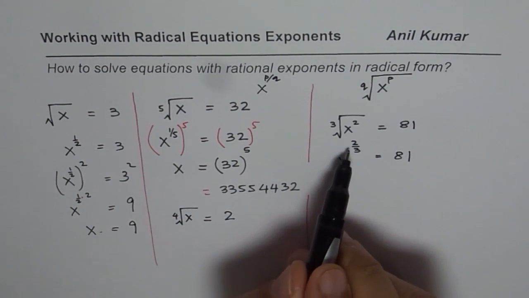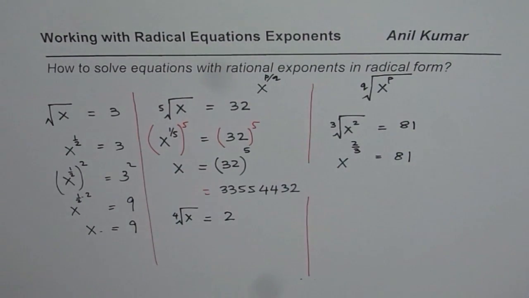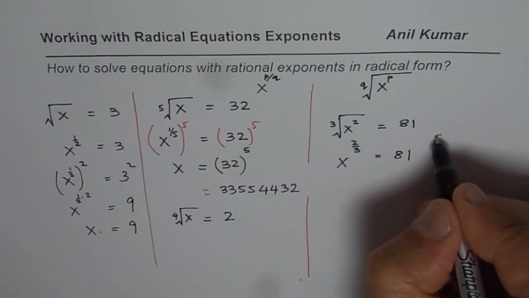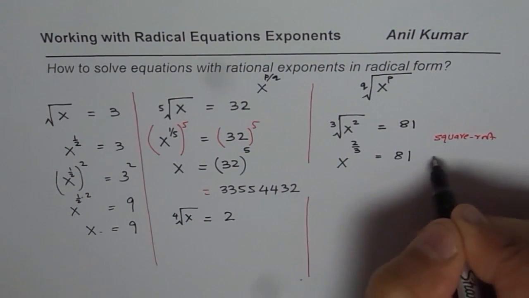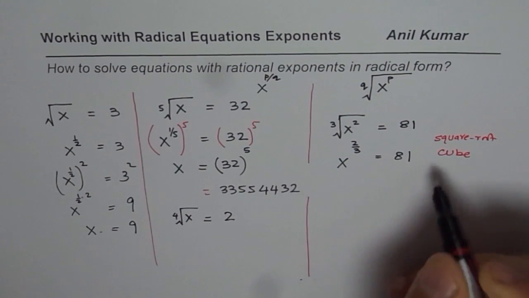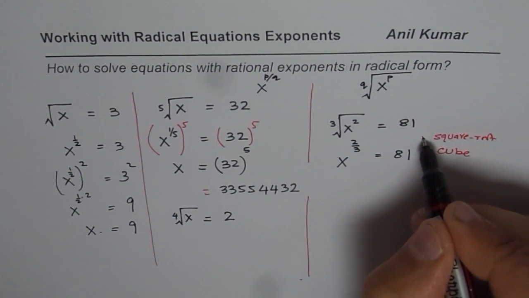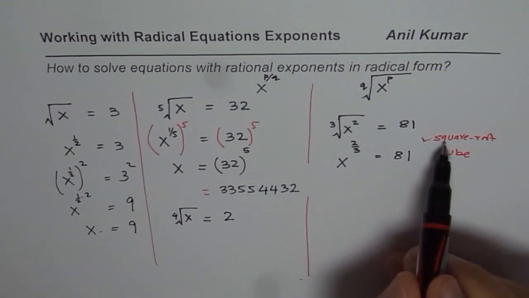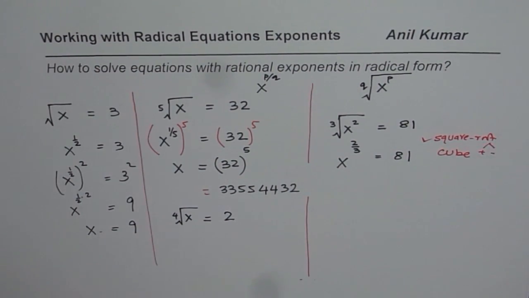We could do square root first or we could cube first. So the choice is between square root and cube. If you do square root, you get a smaller number. So this is my preferred choice. Another important thing is, whenever you do square root, you have to incorporate both plus and minus signs. So let us do square root.